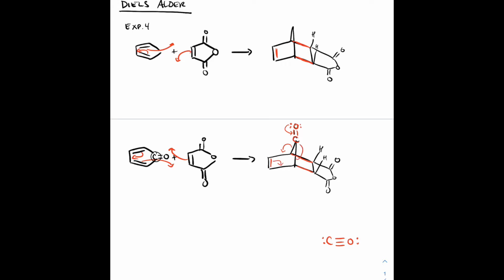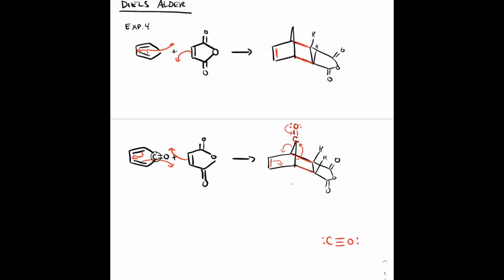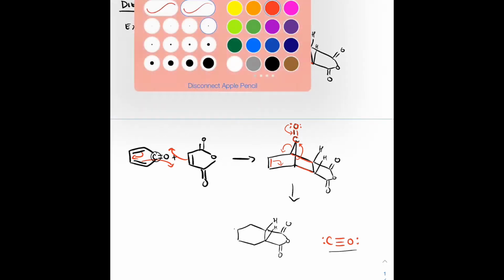So if we use one of those to create that triple bond between the oxygen and carbon, carbon can't have 5 bonds, so we actually break that sigma bond and form a pi bond. That pi bond then shuffles around to create another pi bond, forcing the rest of the bridge to break, and those electrons from that sigma bond actually end up going to the carbon as the second set of lone pairs, or I guess the only lone pair on the carbon.